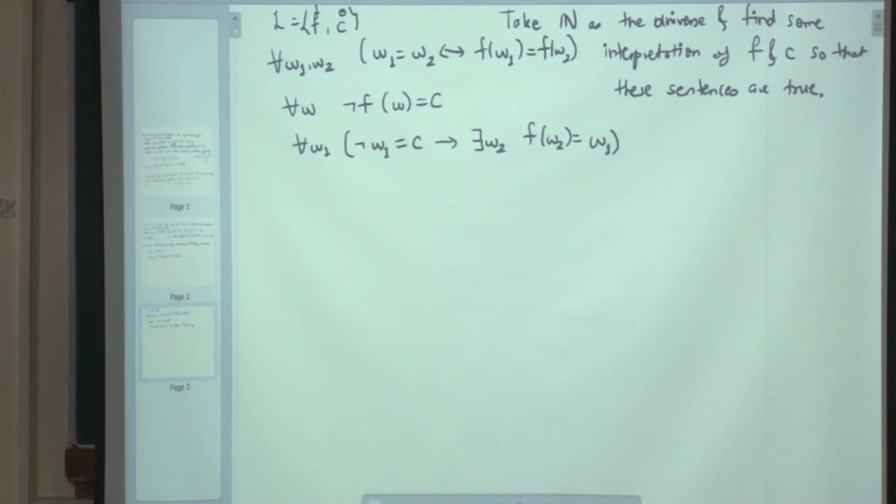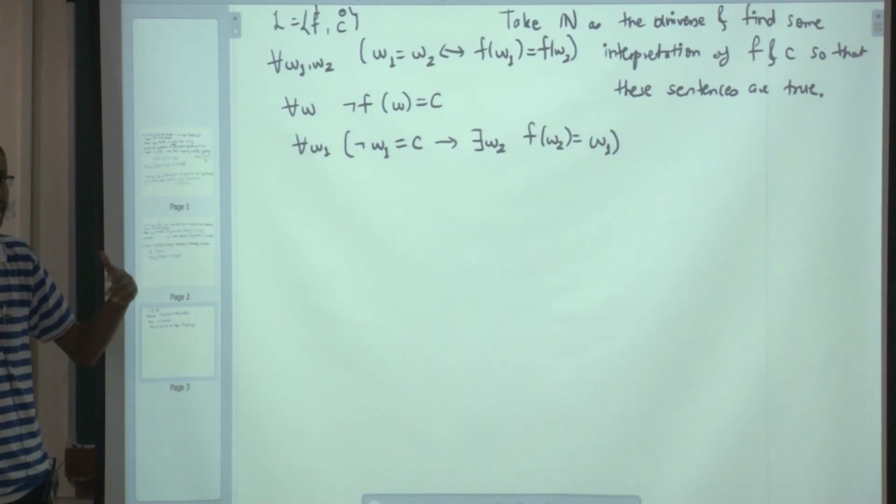Can you think of anything? Successor and 0. Yeah, first try to read what it says.